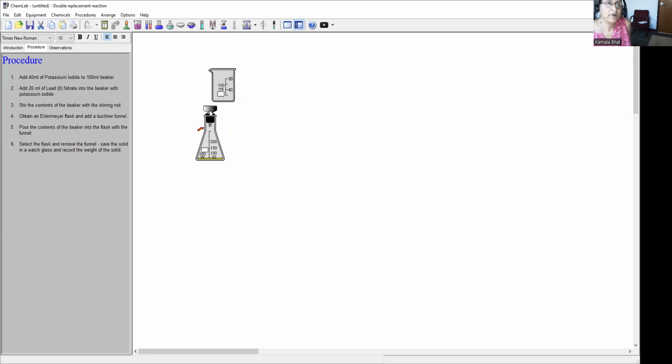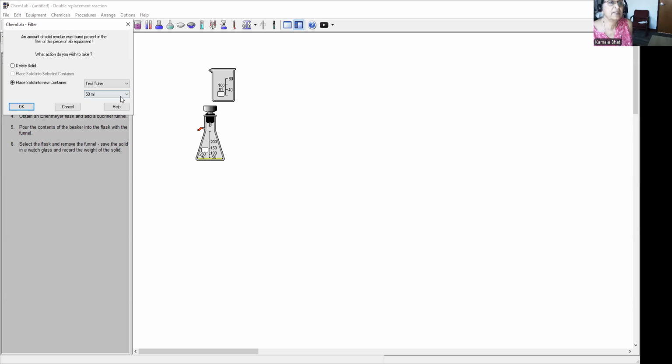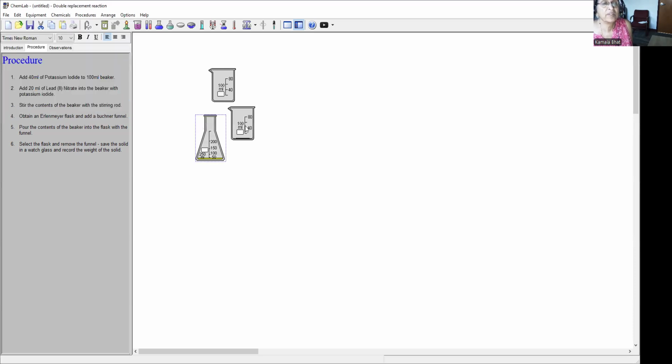Now click on the Buchner funnel, which is highlighted. You can collect the solid in a beaker, a watch glass, or a test tube. Today I'm going to collect it in a beaker. There is the beaker, and then I just click show the weight. That's the amount of solid I got from my reaction.